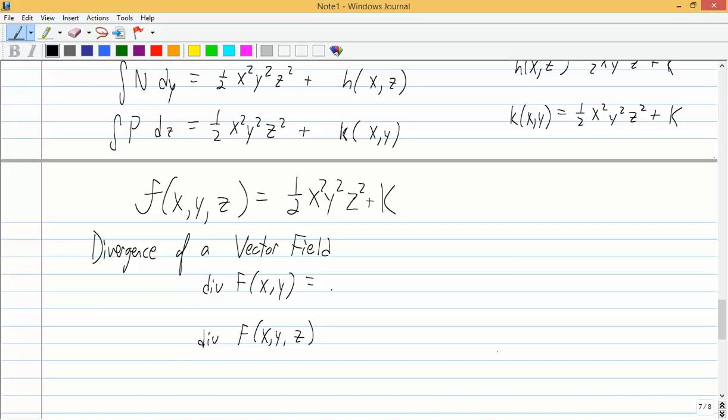And so the divergence of f of xy, of course f of xy is just m times i plus n times j, is going to equal delta dotted with f of xy, or just the partial derivative of m with respect to x plus the partial derivative of n with respect to y.